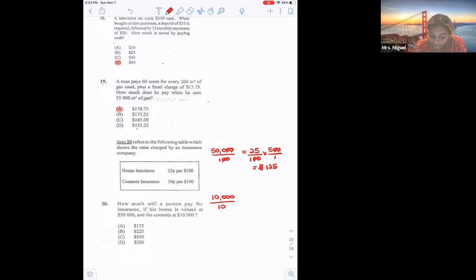So we have to find out how many hundreds are there in 10,000. And the contents insurance is 50 cents. So this is $50. So how much will the person pay for the insurance? They will pay 125 plus 50, which is 175. So do you all see how many questions are repeated?